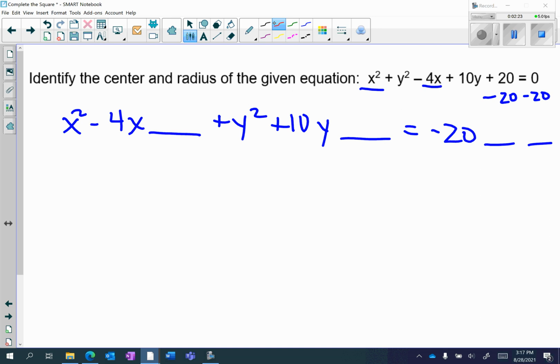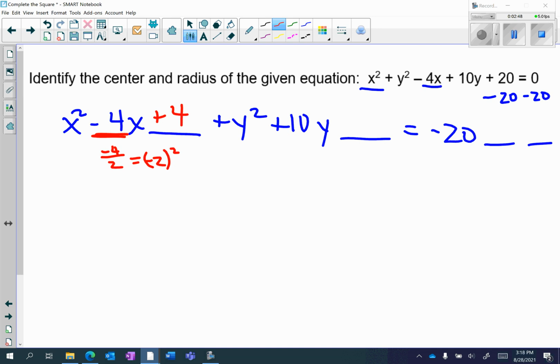So next, I'm going to take the coefficient in front of the x divided by 2. So negative 4 divided by 2 is negative 2, and then I'm going to square it going back up. Negative 2 squared is a positive 4. I'm going to do the same idea to the y's.